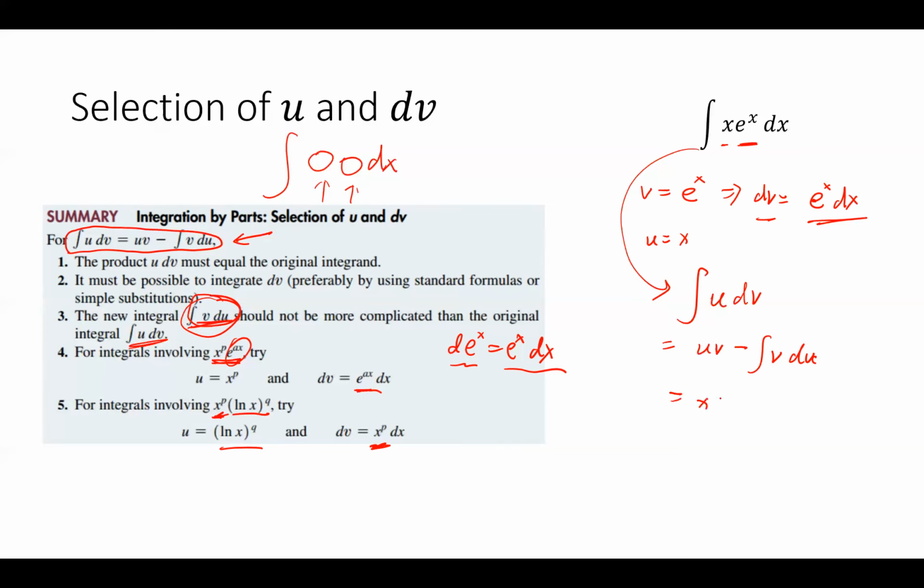So we have x multiplied by e to the power of x minus the integral of e^x dx, and this is what we know how to calculate. This portion is just going to be e^x plus any constant c. So if you take the integration of this portion, it's going to be this one, and then we just plug it back in.